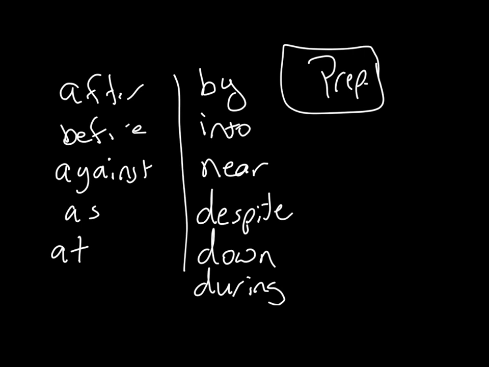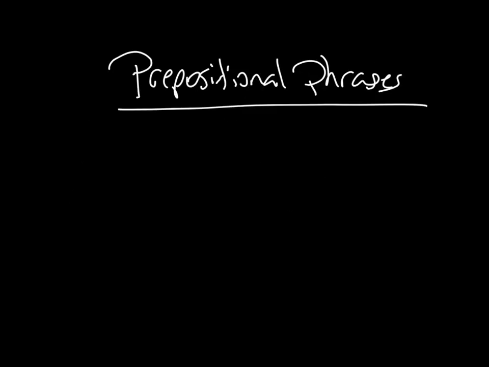Now, this leads us to what does the preposition really introduce? We saw the relationship between the word and another word. Now, what do these introduce? We're going to talk a bit now about prepositional phrases. What are prepositional phrases? Prepositional phrases start with a preposition.